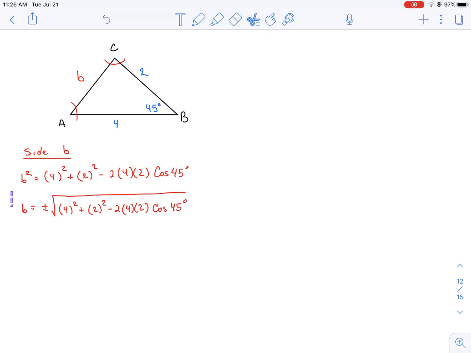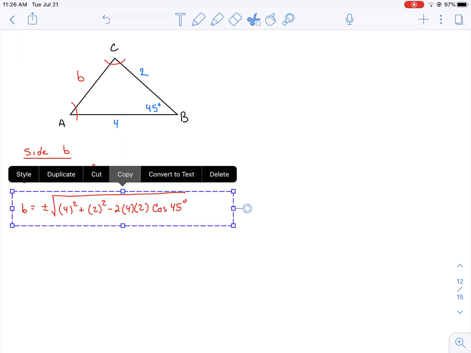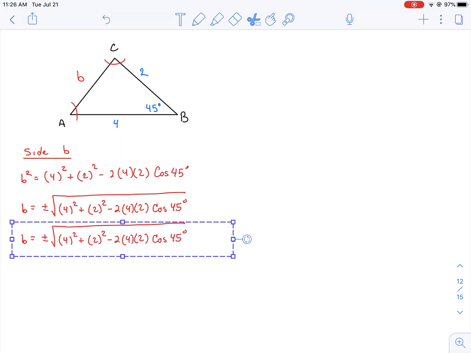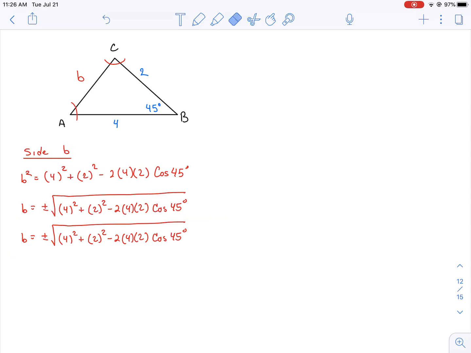Now, since we are dealing with side length, we're going to ignore the negative solution and focus on the positive solution.